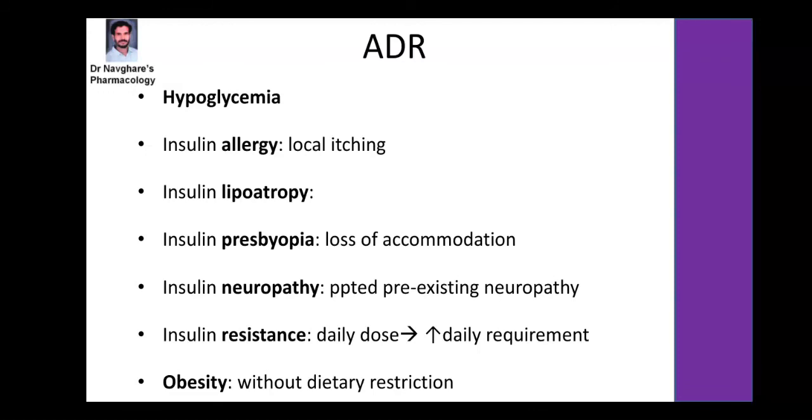Insulin may precipitate pre-existing neuropathy. Insulin resistance may develop as the daily requirement of insulin increases, in chronic phases. And if insulin is administered to a patient, we have to restrict the diet. Without restriction, an obesity-like condition may develop.